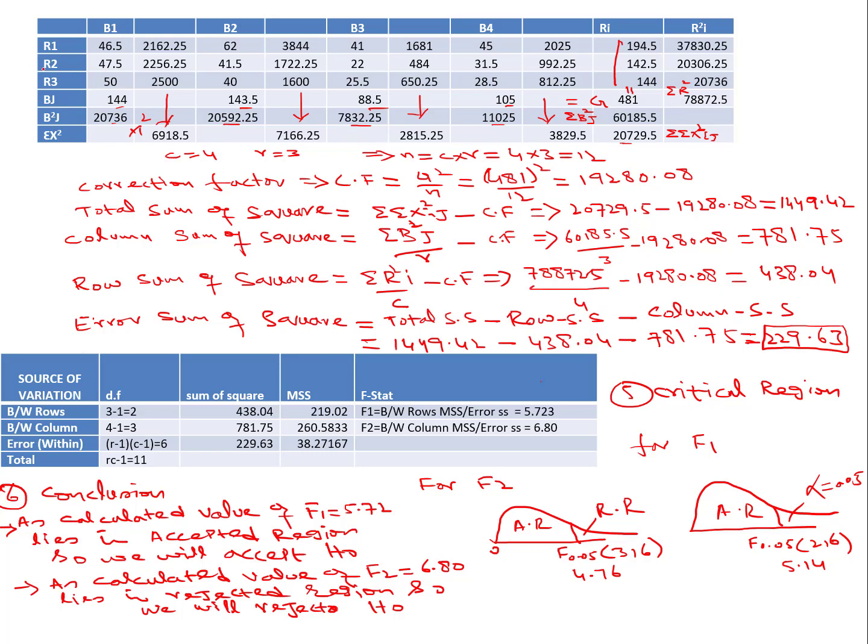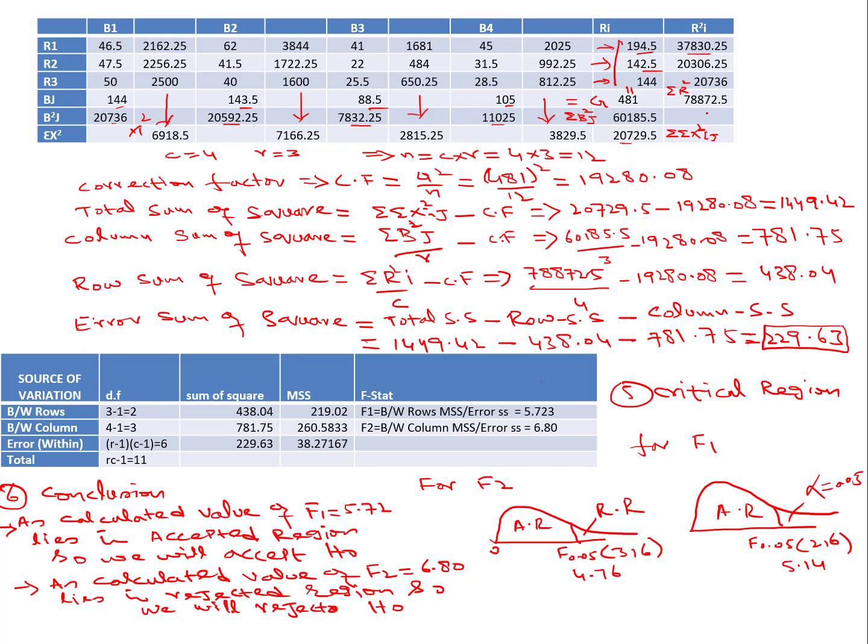Now we also want to conduct this for the rations, the other independent variable. The other independent variable is represented in the rations, and they are in the rows. So row sum of square, because we have already calculated r i. Now you need to take the square of this. So the square of this is r square i. The square of this is 20306.25. 144 square is this one. When you add this, this will be equal to summation r square i.